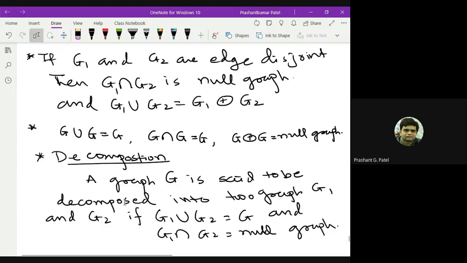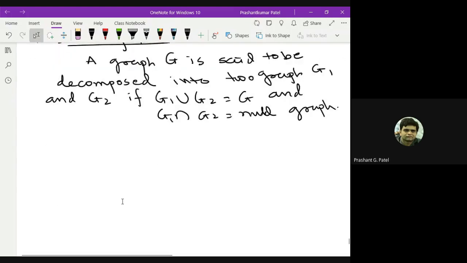Now there is a definition of edge deletion and vertex deletion. So let us discuss the definition of vertex deletion. What does vertex deletion mean? That means we have to delete some vertex from the graph.